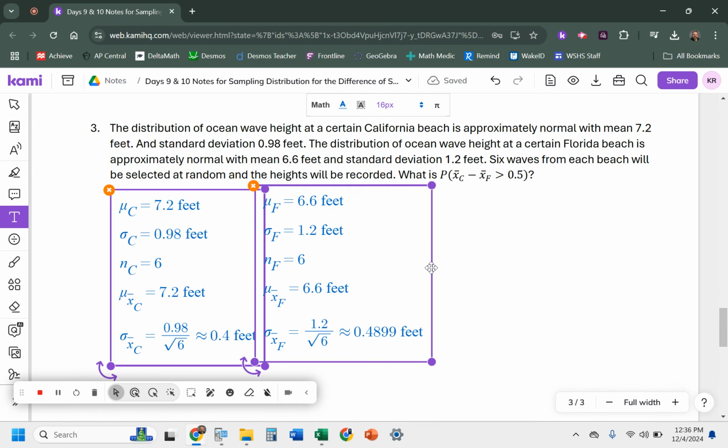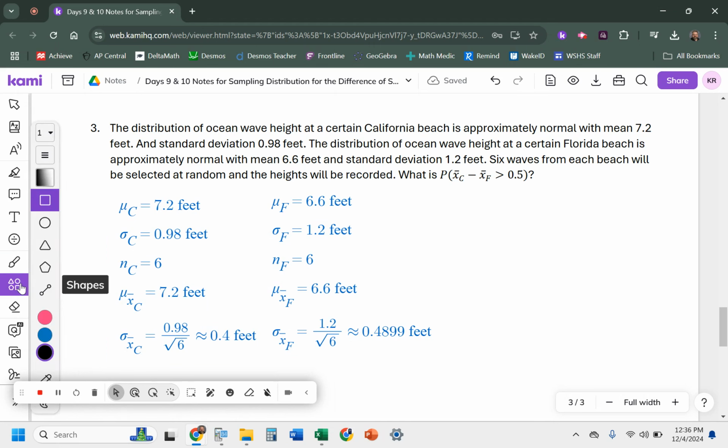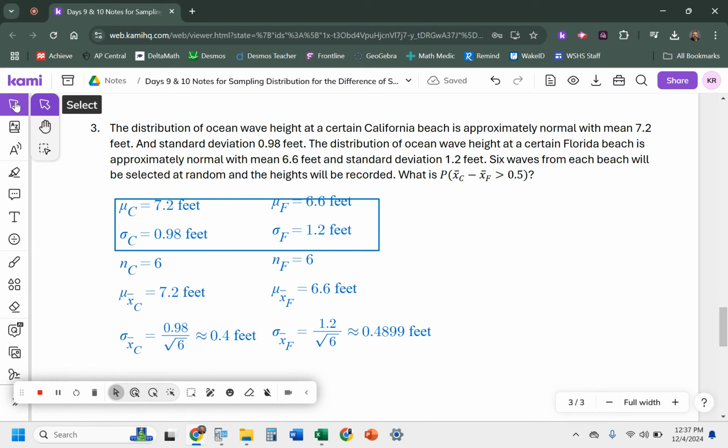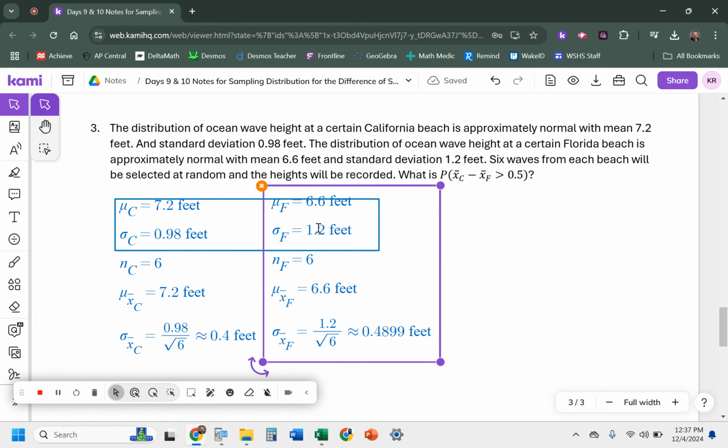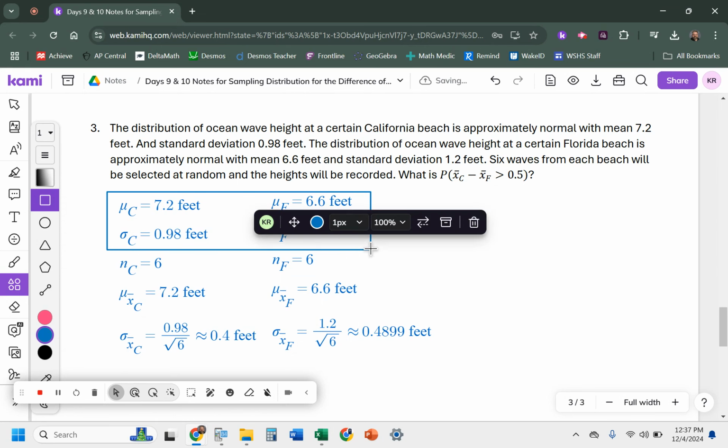Okay. So now I have not only my population parameters for each beach, so these would be my population parameters for each of the 2 beaches, but I also have my parameters for my sampling distributions.